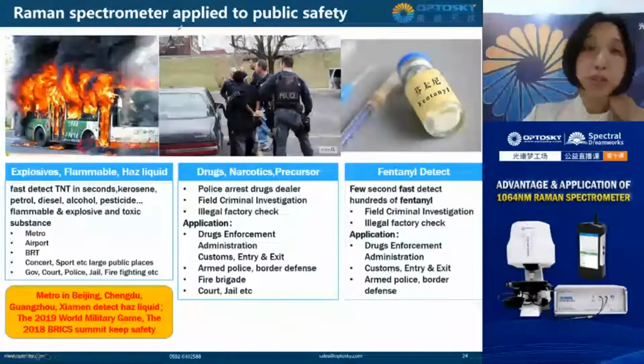Raman spectrometers apply to public safety.